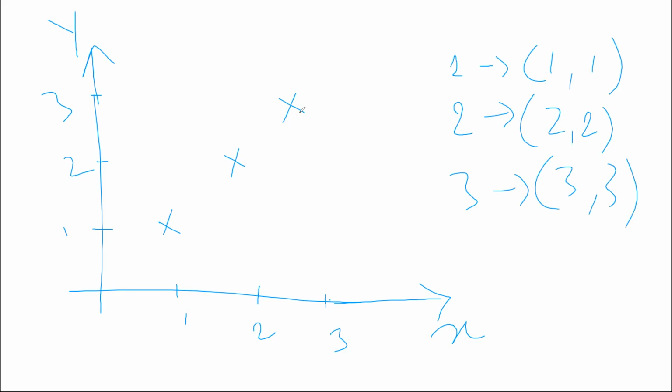Here we can see from the plot that my best line will be this line. But how will a computer know? For that, we said this data can be mapped by h equal to some theta and x.